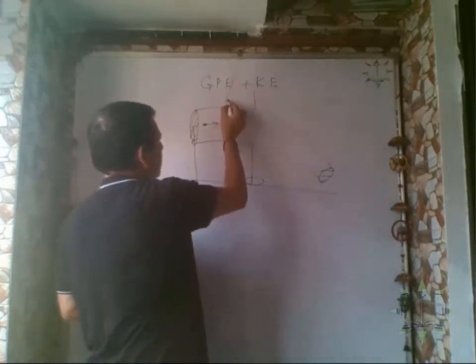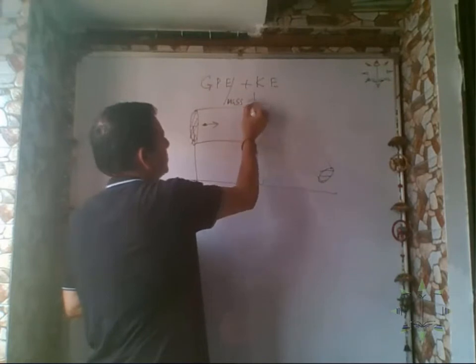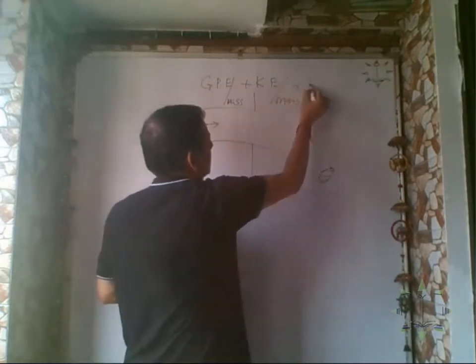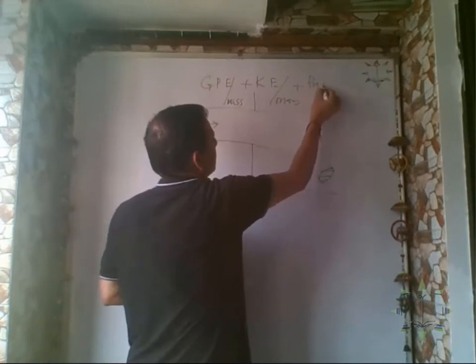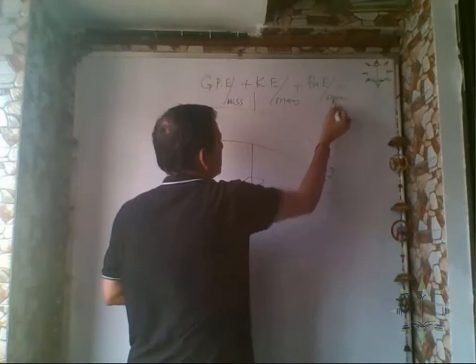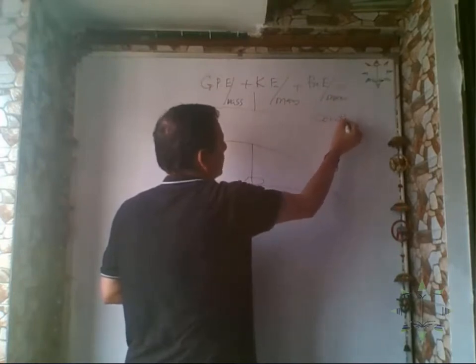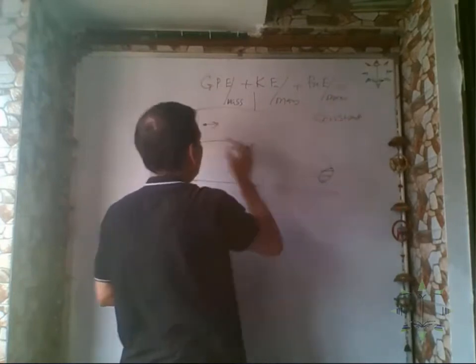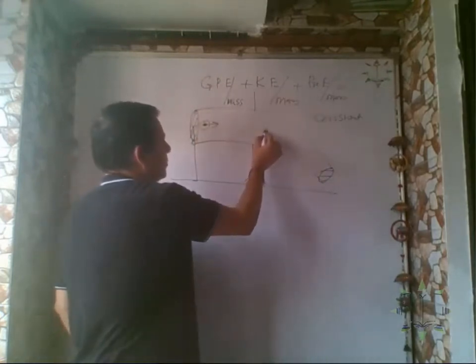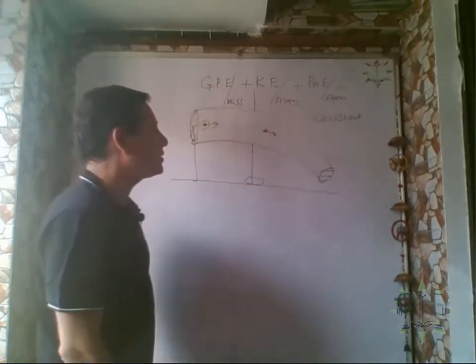So gravitational potential energy per unit mass, kinetic energy per unit mass, plus pressure energy per unit mass. This is constant at every point. Here if you add up all these three energies, at this point if you add up all these energies will remain same.